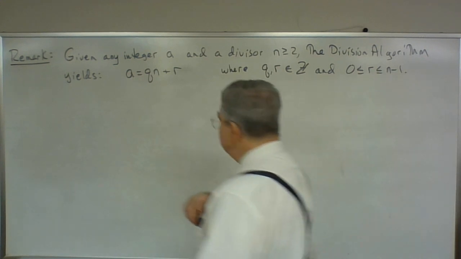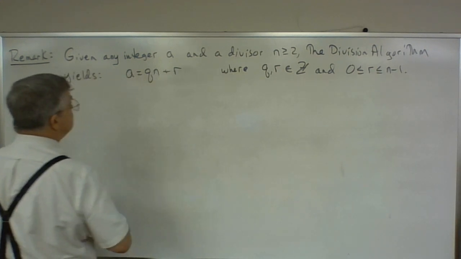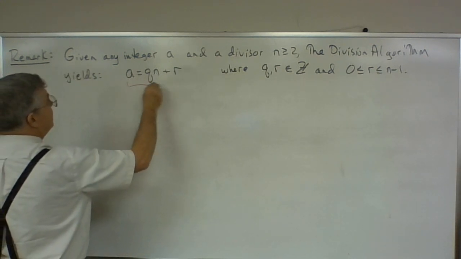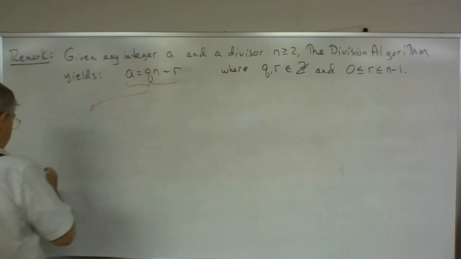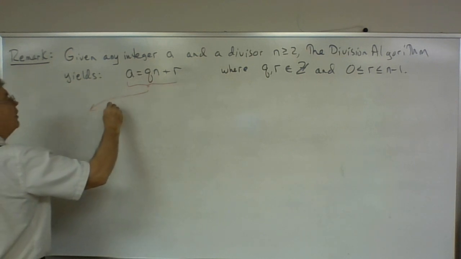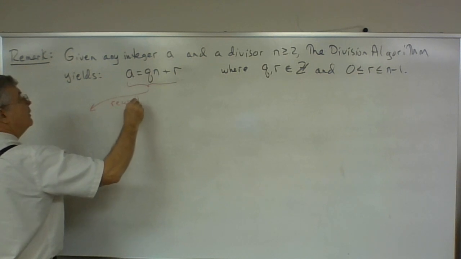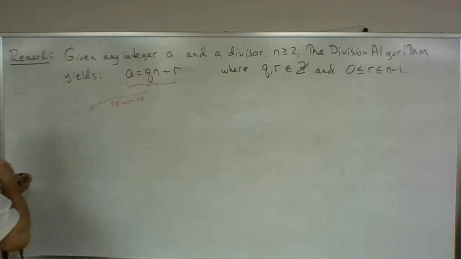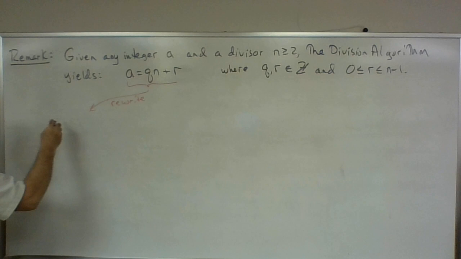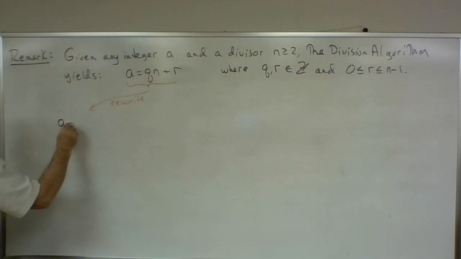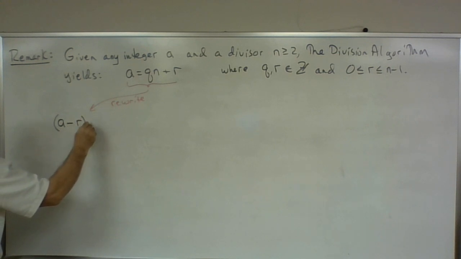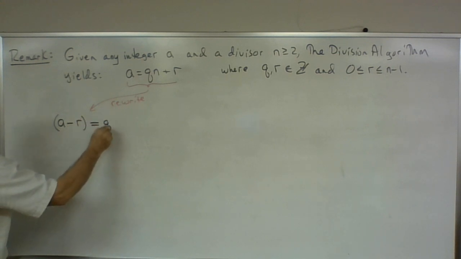But let's take this equation and rewrite it. Oh, I love that word. Yeah, we're going to rewrite this equation. a minus r is equal to qn.